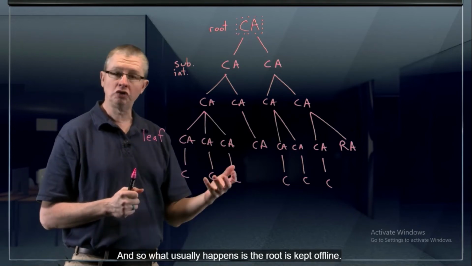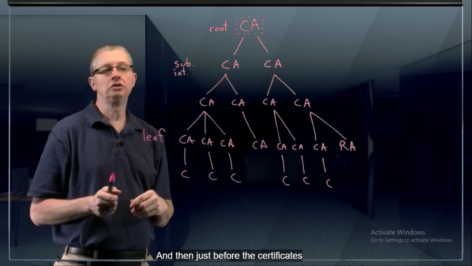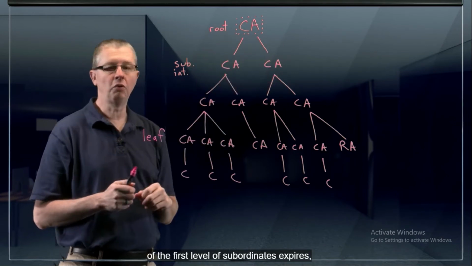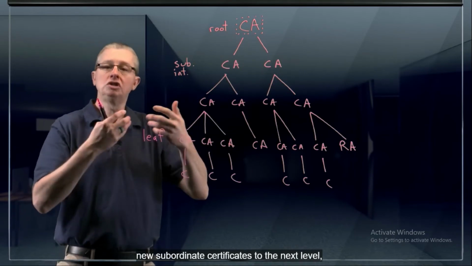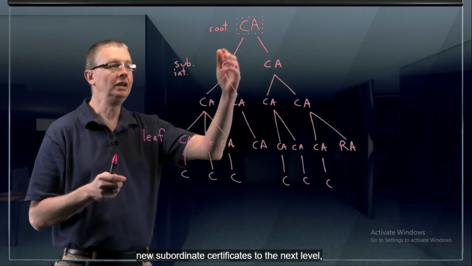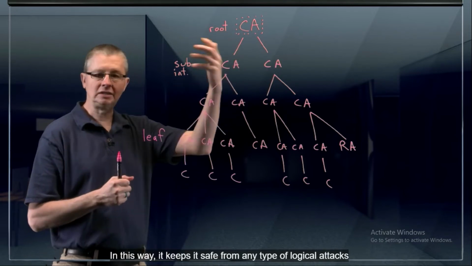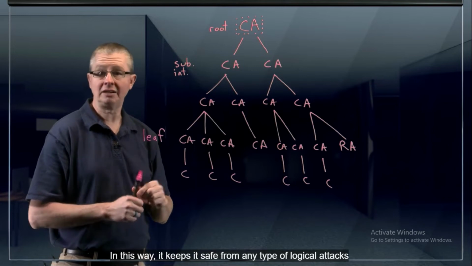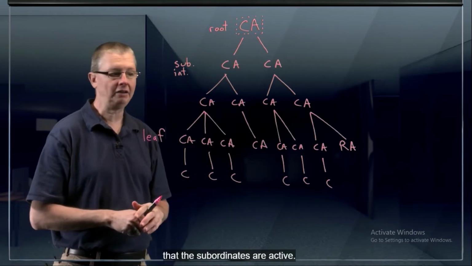And so what usually happens is the root is kept offline, and then just before the certificates of the first level of subordinates expire, the root CA comes back online, issues new subordinate certificates to the next level, and then goes back offline moments afterward. In this way, it keeps it safe from any type of logical attacks that may occur throughout the remaining time frame, typically a year, that the subordinates are active.